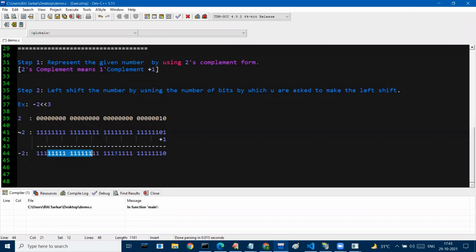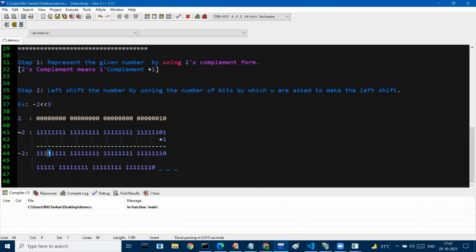So how is the number looking now? This is how the number is looking, this and 3 vacant positions. Sir, how did you get the number? Very simple, guys. If the number is shifted by 3 towards the left, automatically this fellow will be gone, this fellow will also be gone.